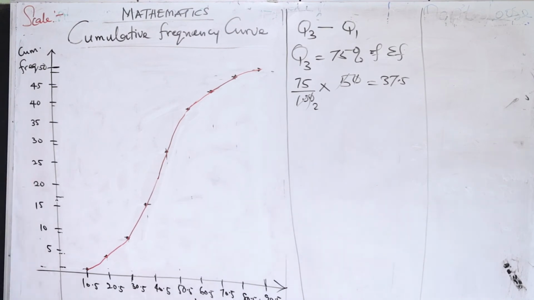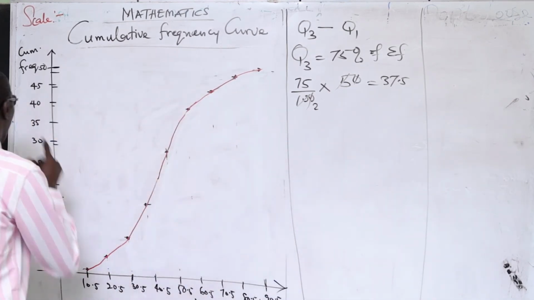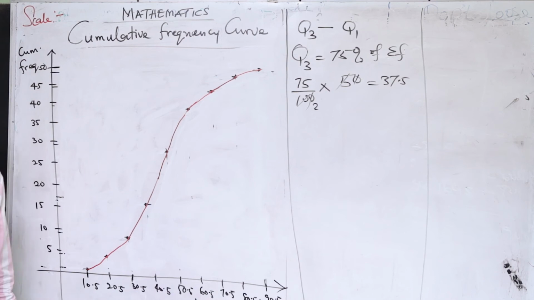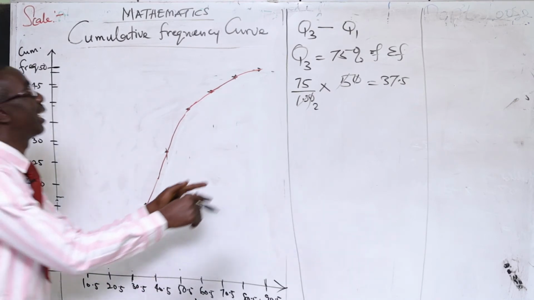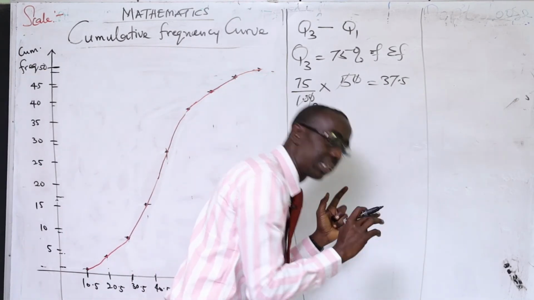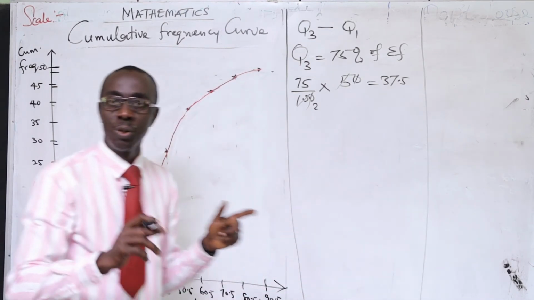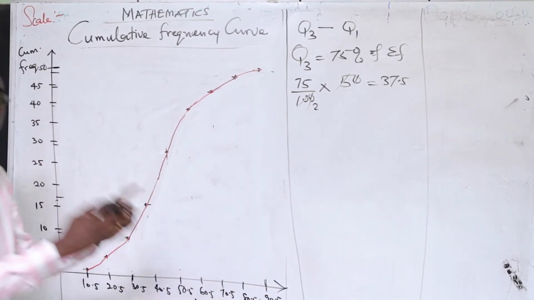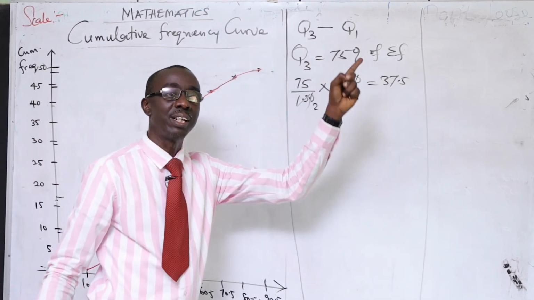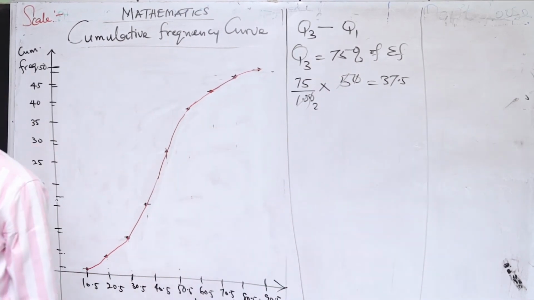You are expected to locate 37.5 on the graph. I told you, locate 37.5 on the graph, you get the value of Q3 first. You go to Q1, locate the value again, before you now find the difference. That is what we said.